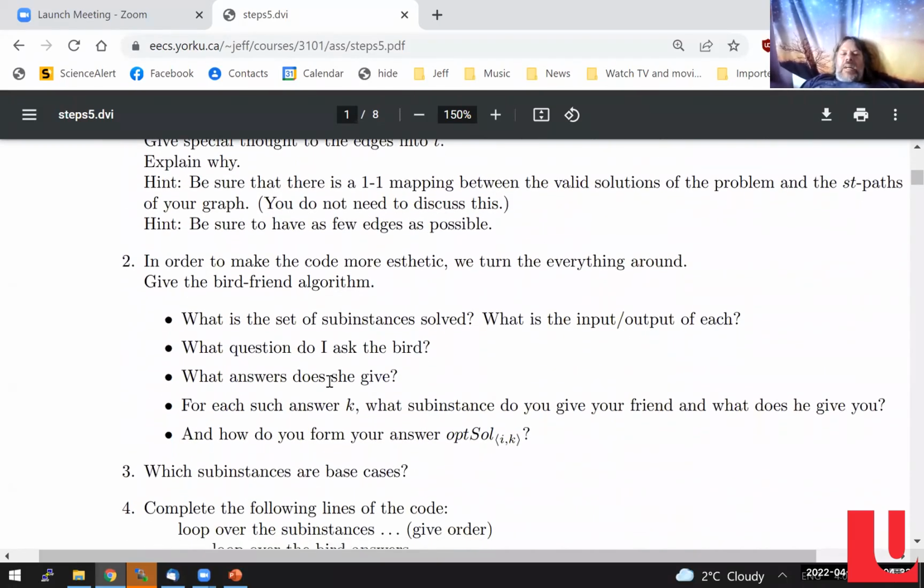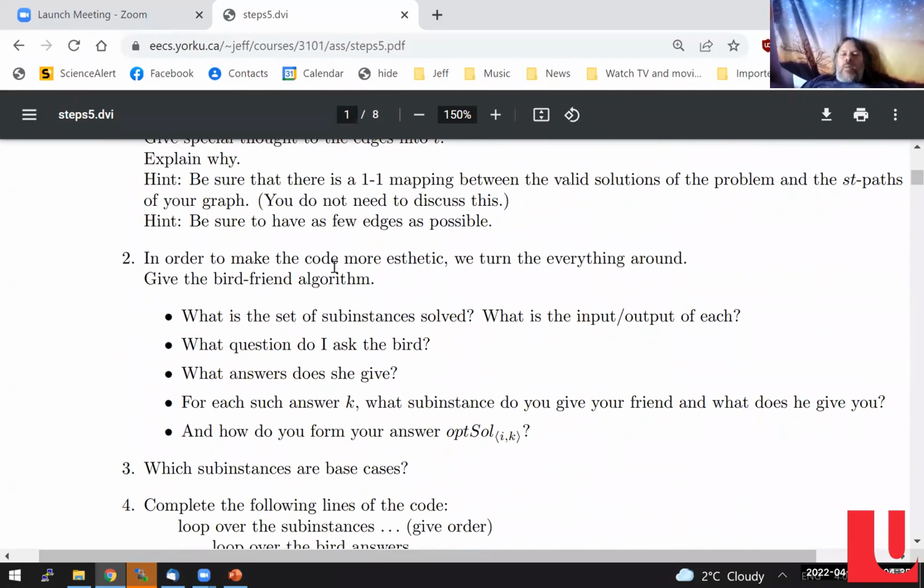Then down here, we want to start warming up to writing actual code and making it more aesthetic. So the way I would start by thinking is, what's an aesthetic set of subinstances? I'm going to have an I and a V prime.